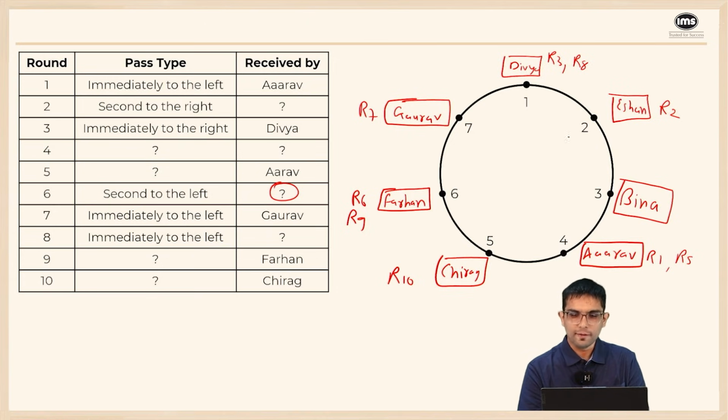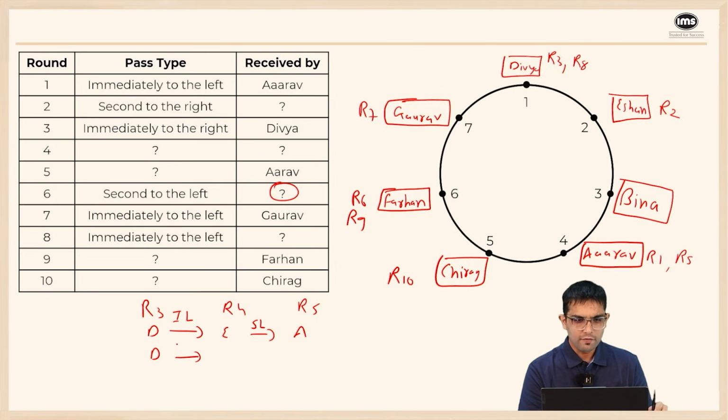So now we know everything: in round 1 Arav is getting it, in round 2 Ishan is getting it, in round 3 Divya, and so on. The only thing which is left is round 3 to round 5. If I take round 3, round 4 and round 5, starting with Divya to Arav, there are 3 cases possible. First, Divya passes it to the immediate left, that is Ishan. Ishan passes to second to the left, that is Arav.